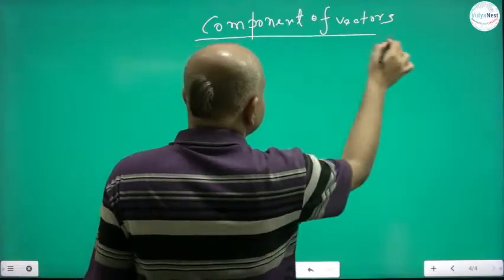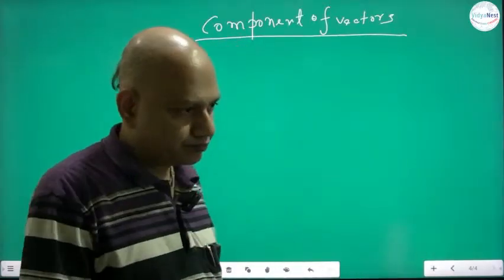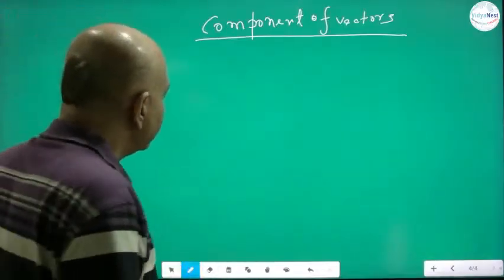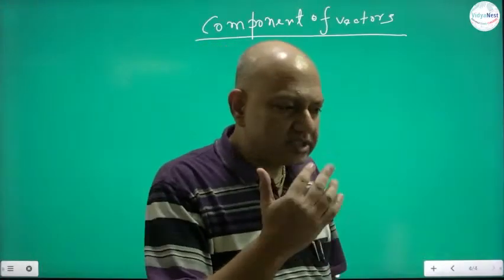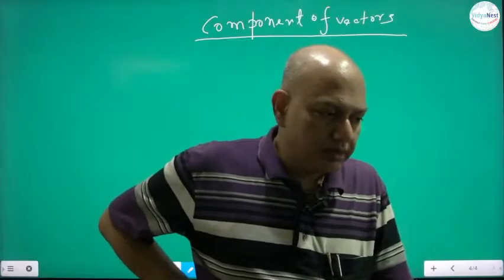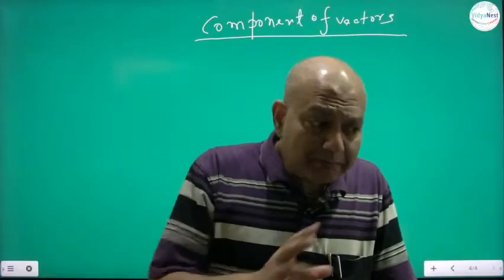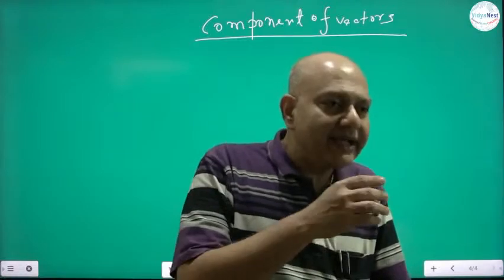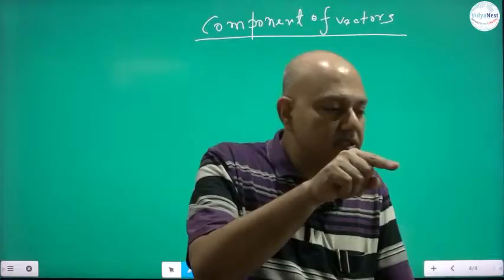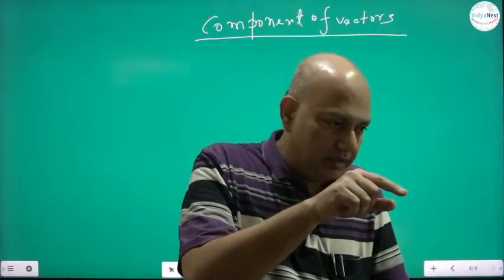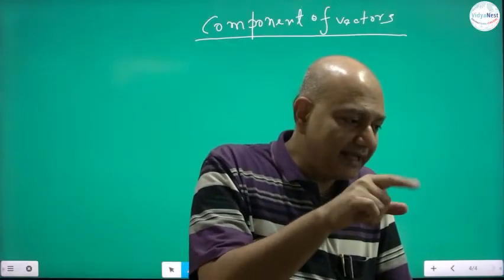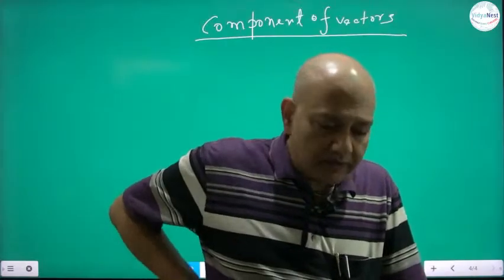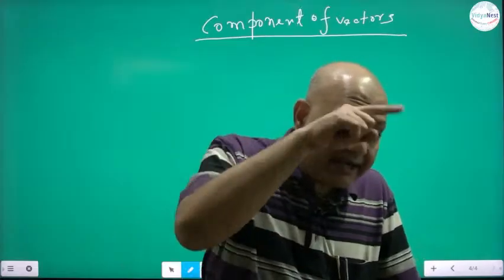Now see, Saurabh, component, what can I tell? It's a part. Just like I can tell 10 rupees. I can tell 8 rupees plus 2 rupees is equal to 10 rupees, isn't it? So 8 is a part of 10.